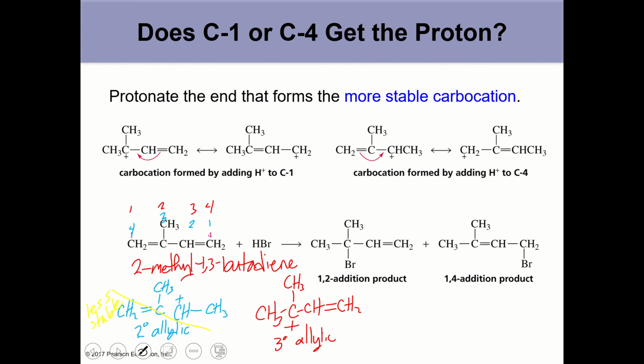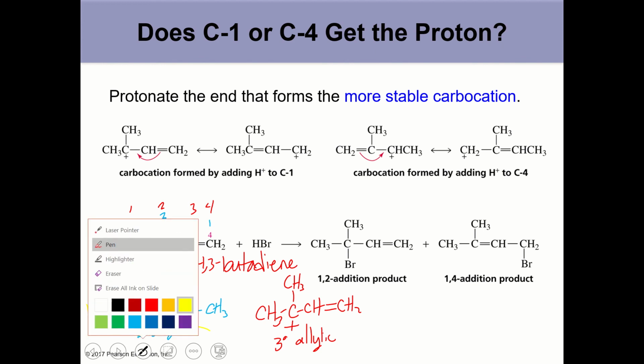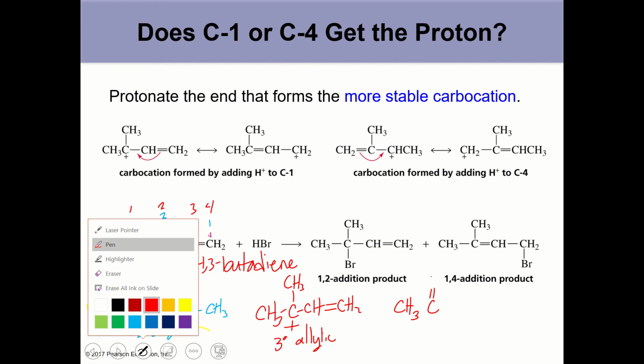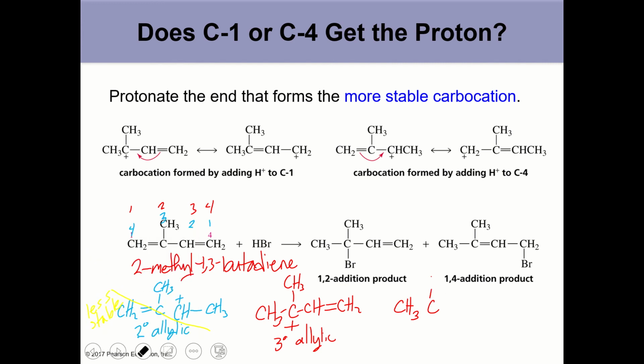The 1,2 product would have addition at carbon 2, and the 1,4 product would result from a shift of the pi bond so that we would have a tri-substituted pi bond.